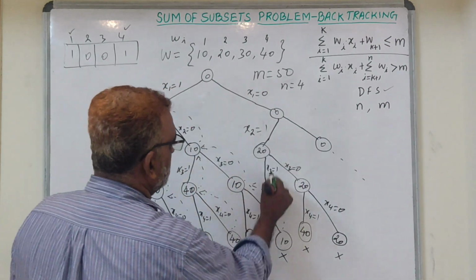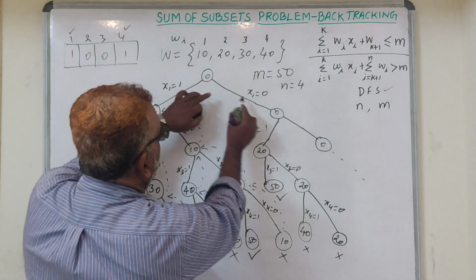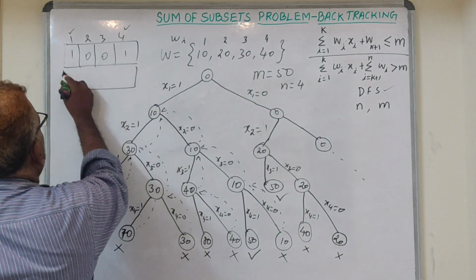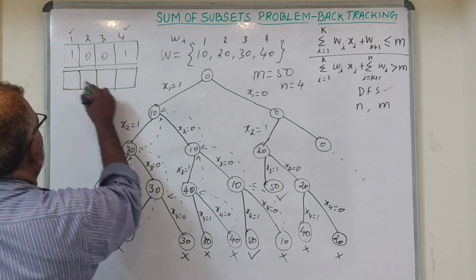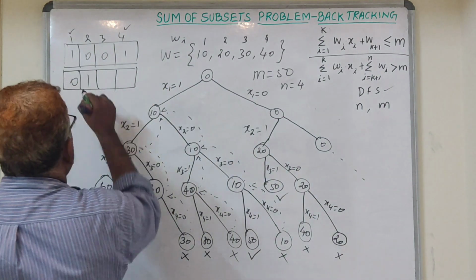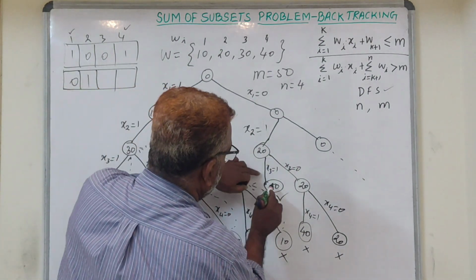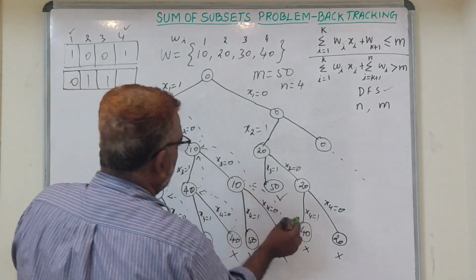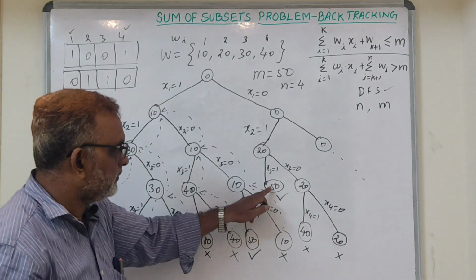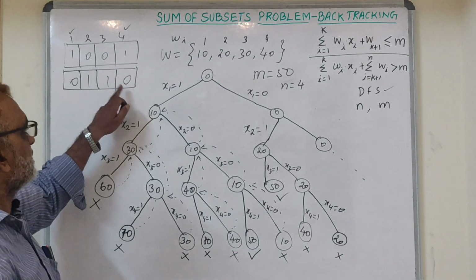So the second solution we got from here, that is x1 is equal to 0 and x2 is equal to 1, then x3 is equal to 1 and x4 we didn't include, so x4 is 0.